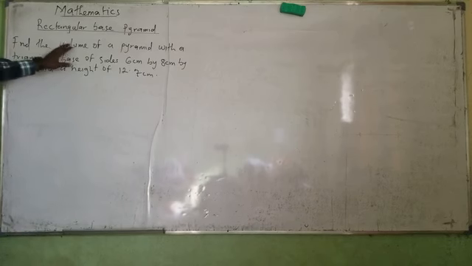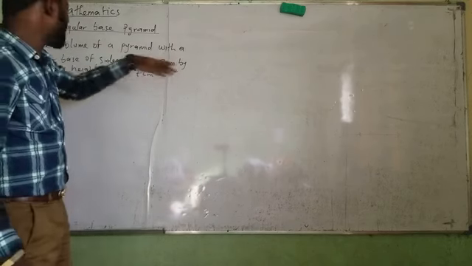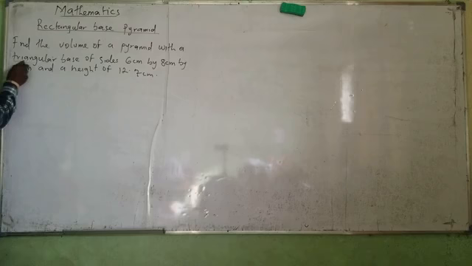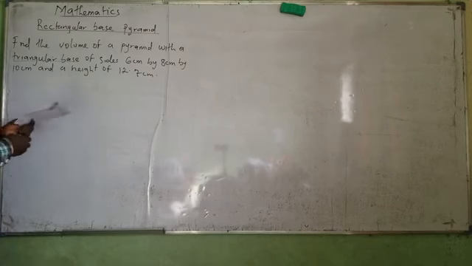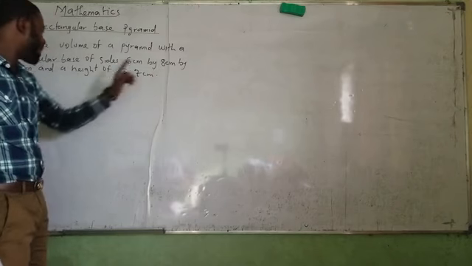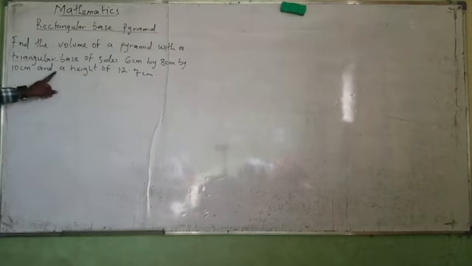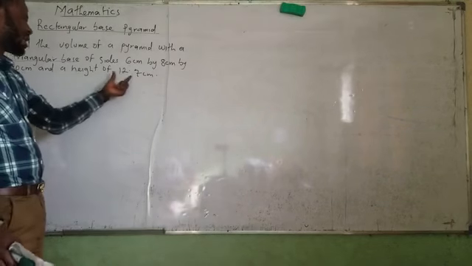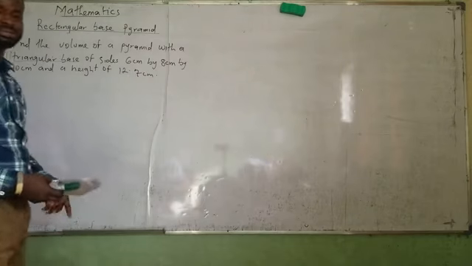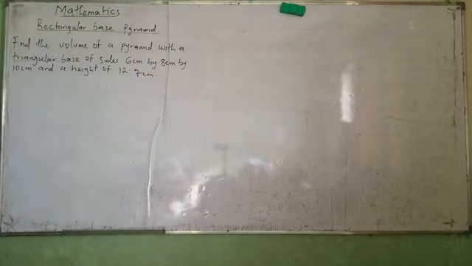Find the volume of a pyramid with a triangular base of sides 6 centimeter by 8 centimeter by 10 centimeter, and a height of 12.7 centimeter. Now, this is quite different from what we have been saying.